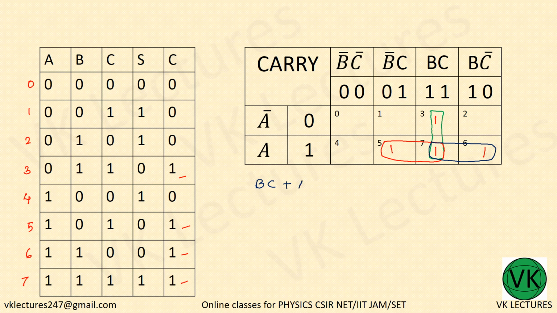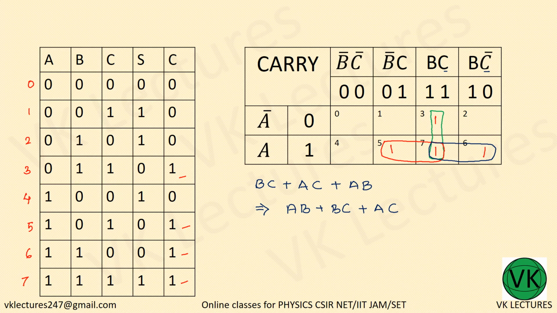So it is AC. And in the third group A will remain, along with A here you have C and C bar will go, B will remain. So AB. So now we can write AB plus BC plus AC or CA.